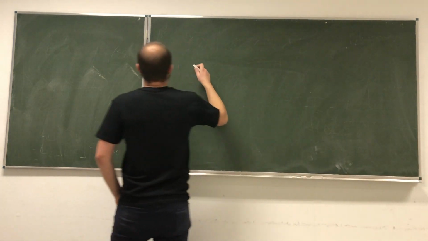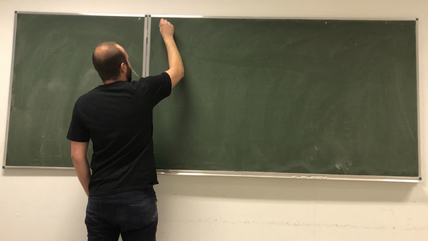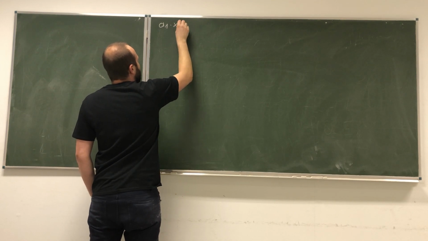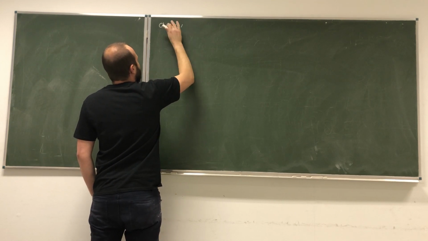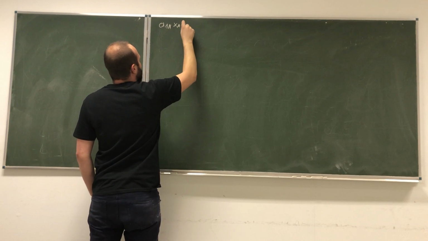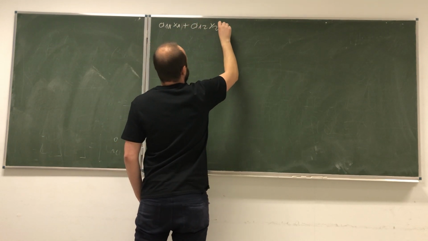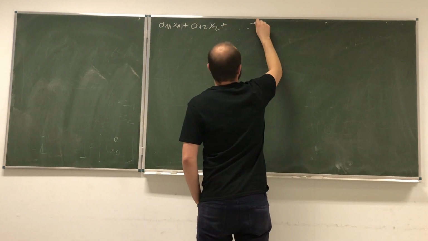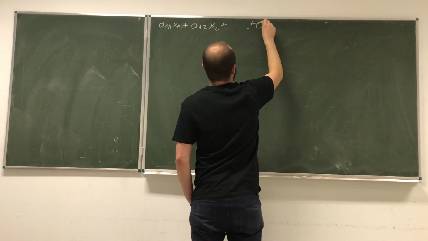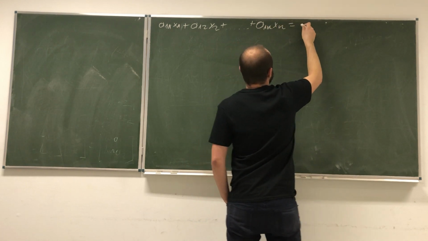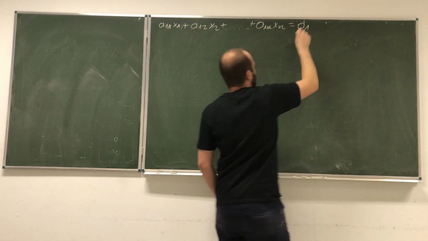So our system would look like this: a11 times x1 plus a12 x2 plus, until we would go to a1n xn, and this is equal to some d1.